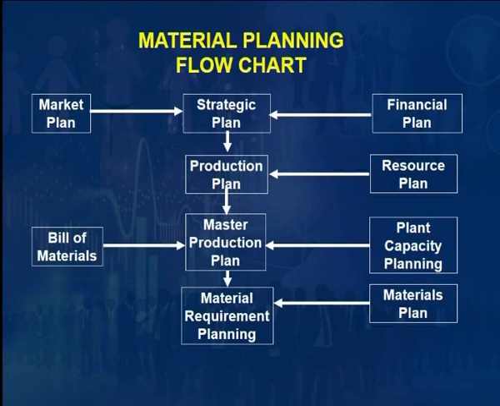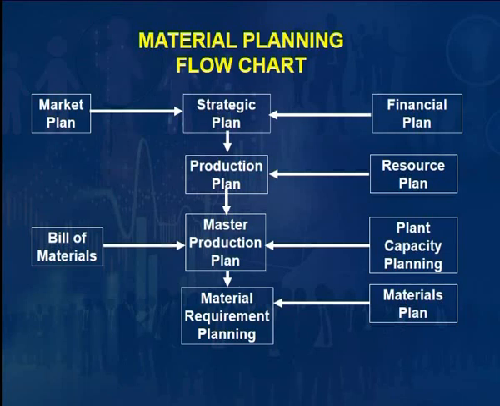So let us see this slide on the chart, the material planning flow chart. First of all, there will be a market plan. How do you take the market plan? By doing marketing research and by forecasting methods. From there you make your strategic plan, and in the strategic plan there will be data coming from the financial plan also.